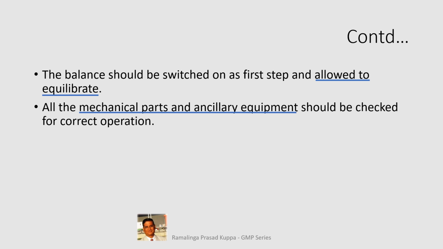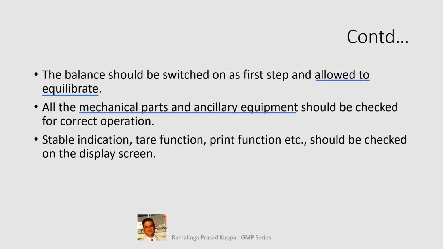As the next step, the operation of doors, pan and other electronic connections should be checked for proper functioning. Stable indication, tare function, print function, etc. should be checked on the display screen. Stable display, tare function, print function also should be checked for proper working.